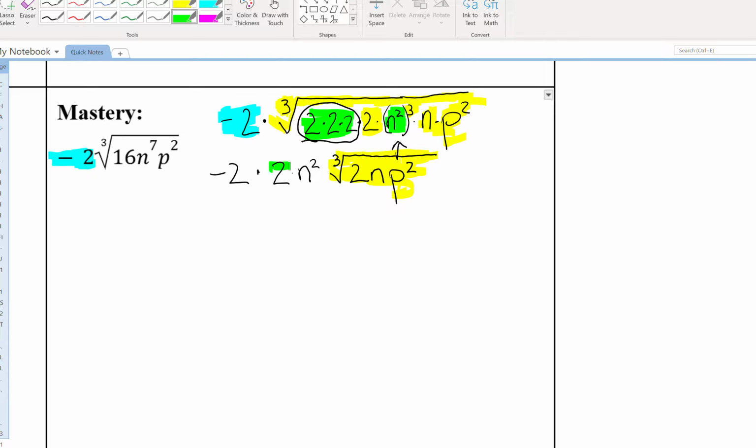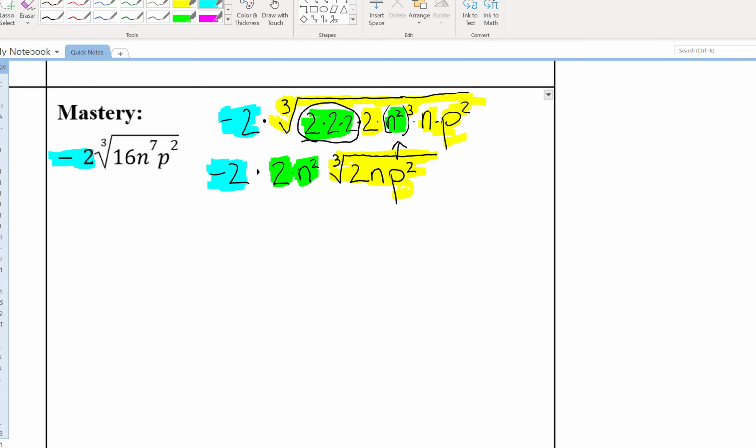The 2 came from those 3 2's. The cube root of 2 times 2 times 2 is 2, and the cube root of n squared raised to the 3rd power would be n. And the -2 that we had here was the one that we started with in the beginning. This one right here.